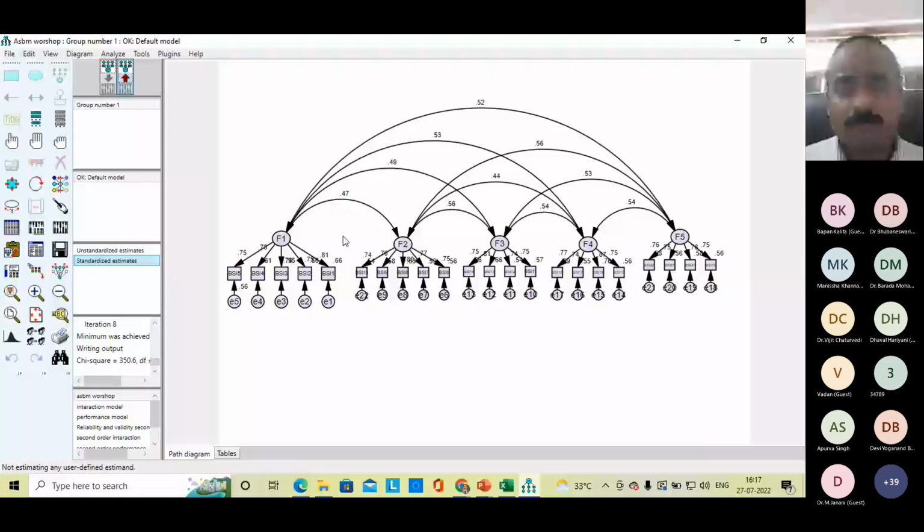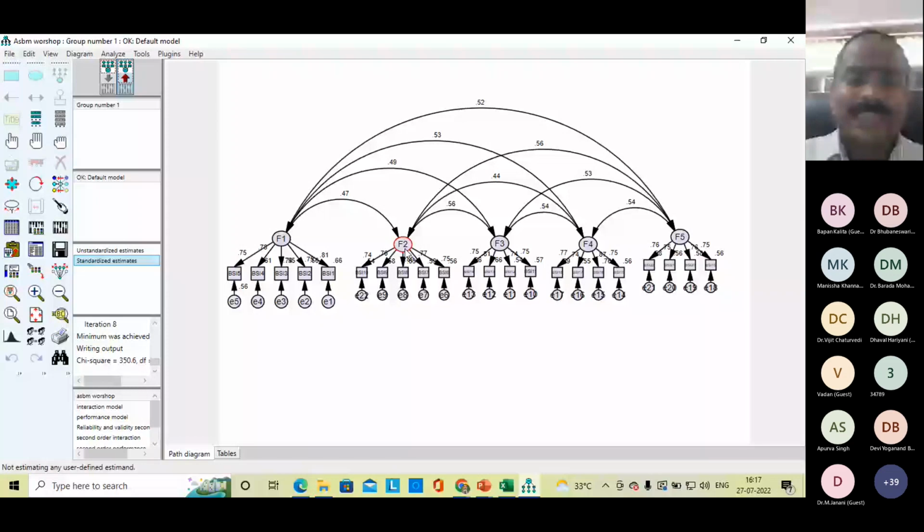That means construct validity is saying how far you can give the guarantee that exactly these 5 variables come under F1, exactly another set of 5 indicators come under F2, exactly these 4 indicators come under construct F3. Why can I not assume that BSI 5 will not come under F2?